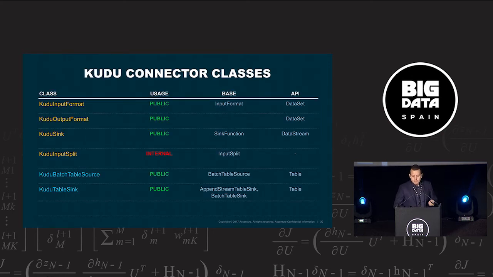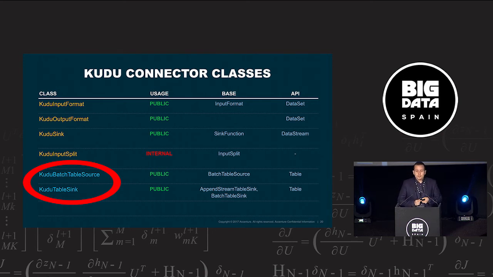So this table just summarizes the previous slide in one table. As you can see here, we have two additional classes, the Kudu batch table source and the Kudu table sink. They belong to the Flink Table API.